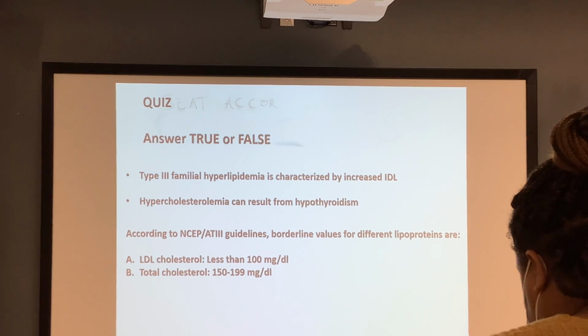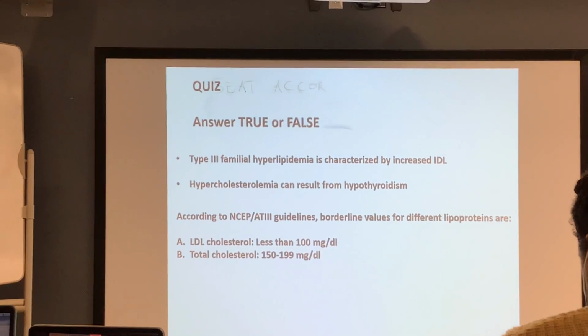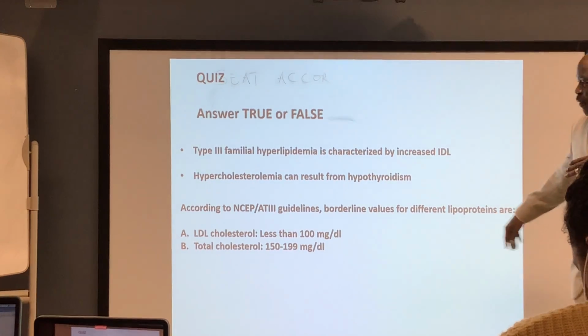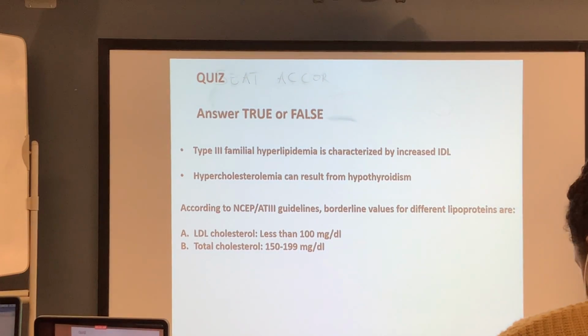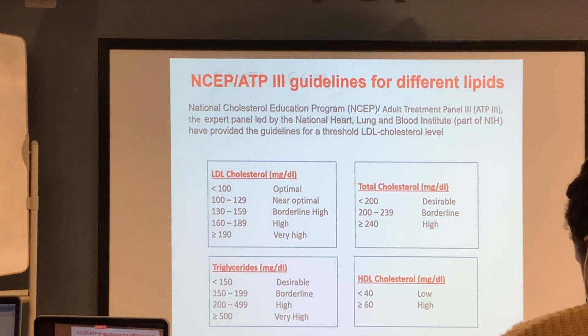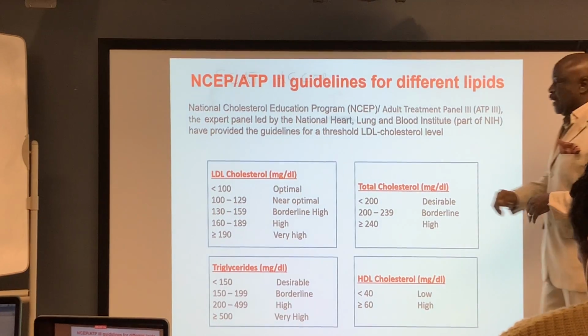When you say borderline, that means it's high, but you don't need to go and talk to your lawyer that the end is coming. It just means watch it. So let me go back here, so I can tell you what I mean. Look at the borderline here.